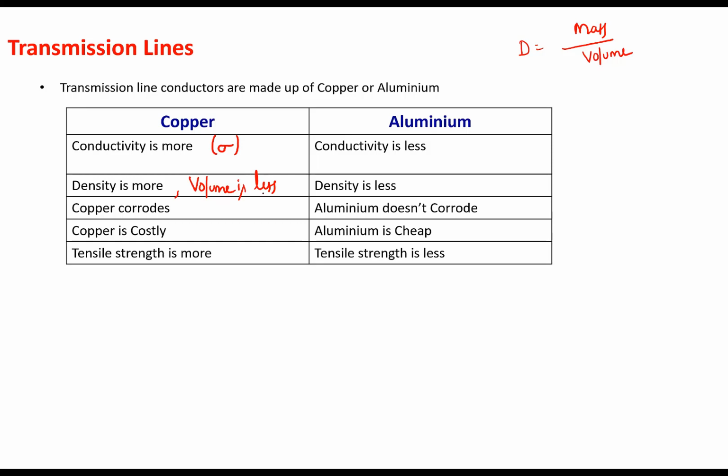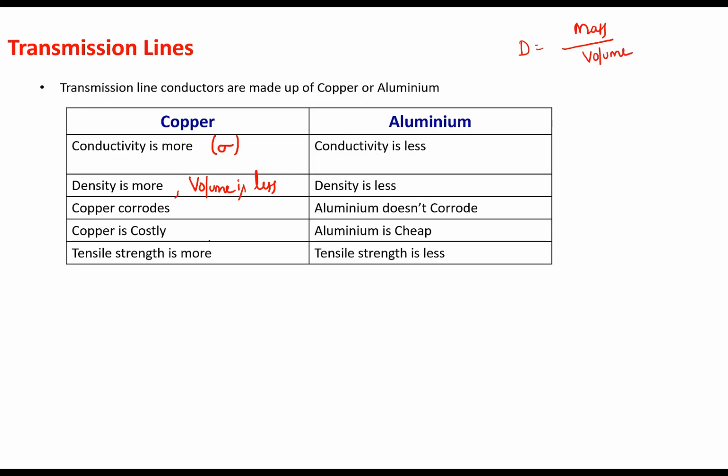Even copper bottles where you drink water will corrode if you don't wash them properly. And copper is costly compared to aluminum. The tensile strength is more, meaning it is very difficult for copper to bend. So these are the copper features.